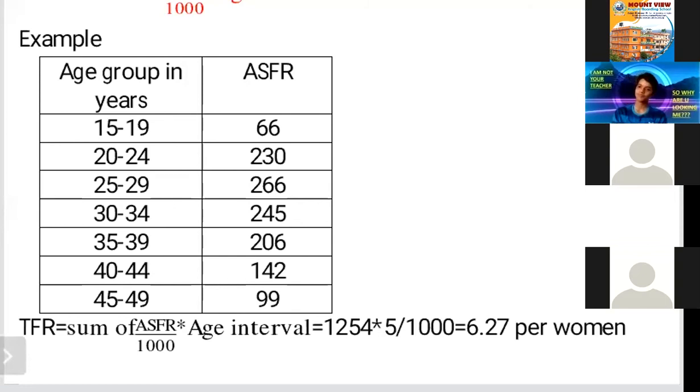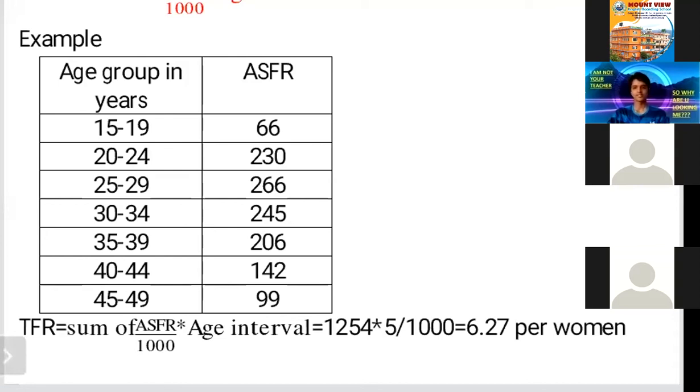So we add all these ASFR, because the formula is the sum of ASFR, 66 plus 230 plus 266 plus 245 plus 206 plus 142 plus 99 equals 1250. And now multiply by the age interval, which is 5. Do you know why 5? Because in the example you can see the age group 15 to 19. What's the gap between the age groups?